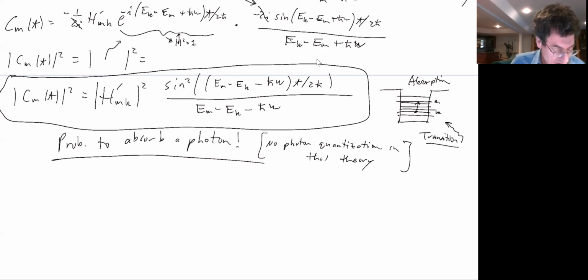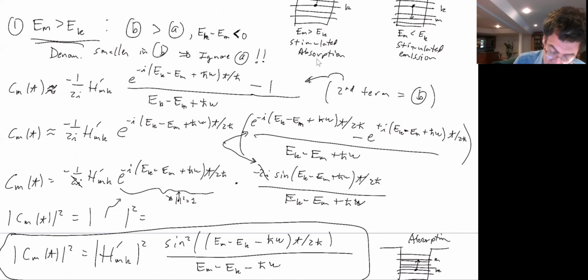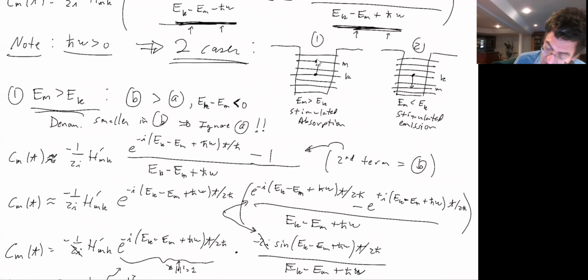And so now, there are several things to notice, but before we do anything, let's just look at the second case, case 2, which is the stimulated emission. So we did the stimulated absorption, and now let's do the stimulated emission.